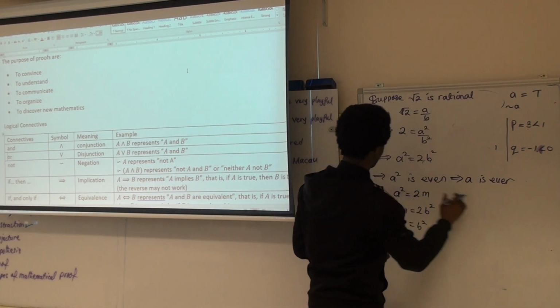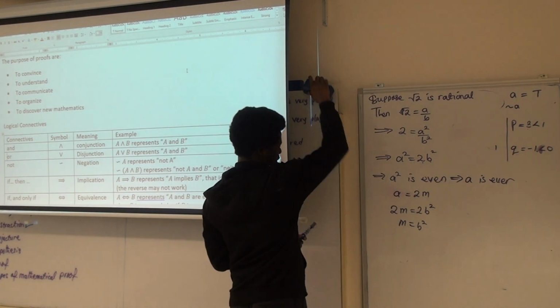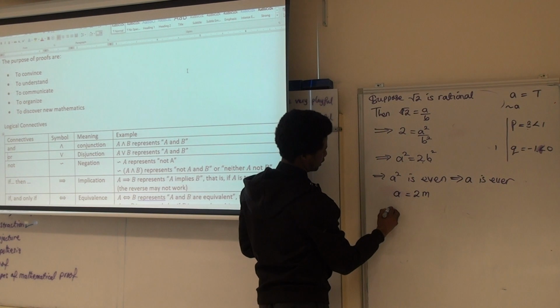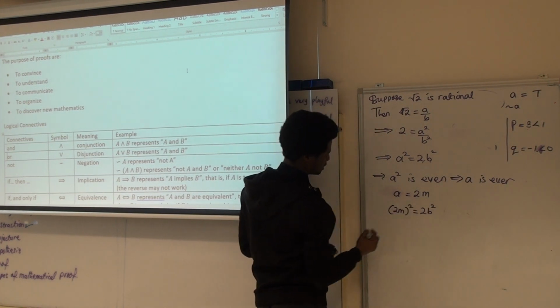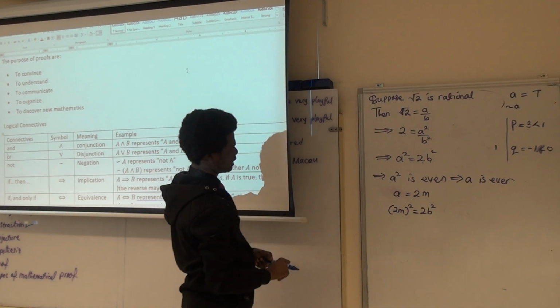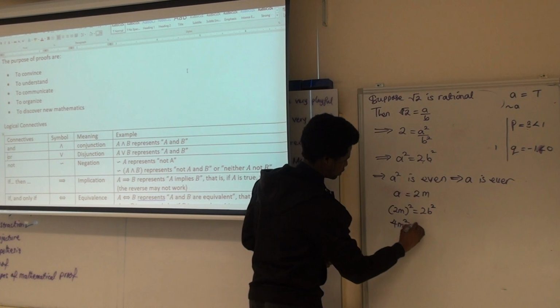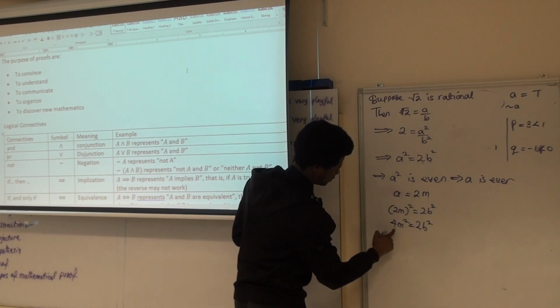If A is even, what does that tell us? So A can be written in this form. And if A is written in that form, we can have 2m squared to be equal to that. That's going back again. 4m squared equals some 2B squared. It means that what happens again?